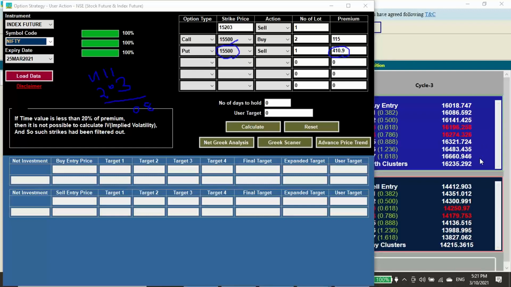I need to find out the intrinsic value and the time value. 15,500 is my strike, and the future is at 15,203.